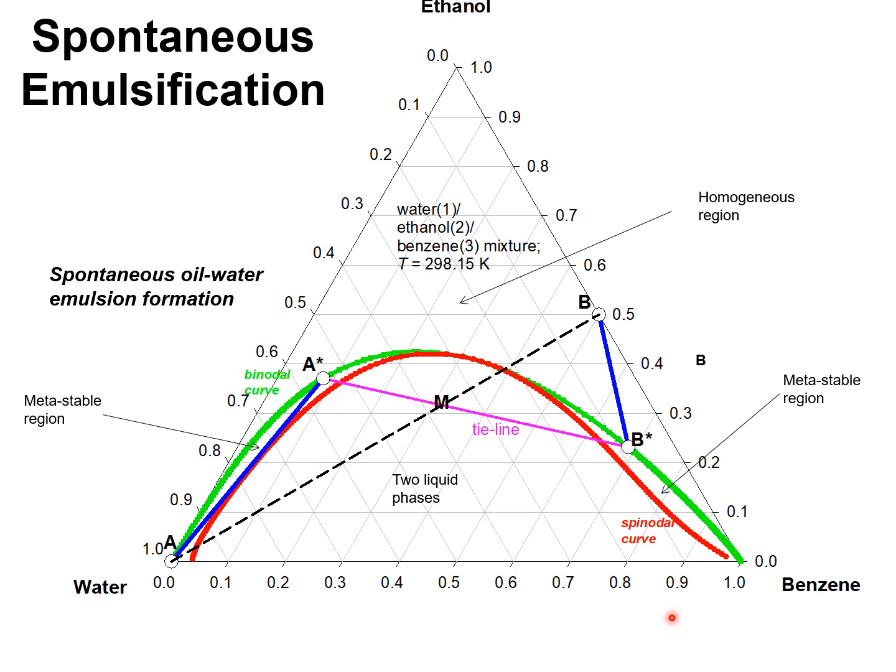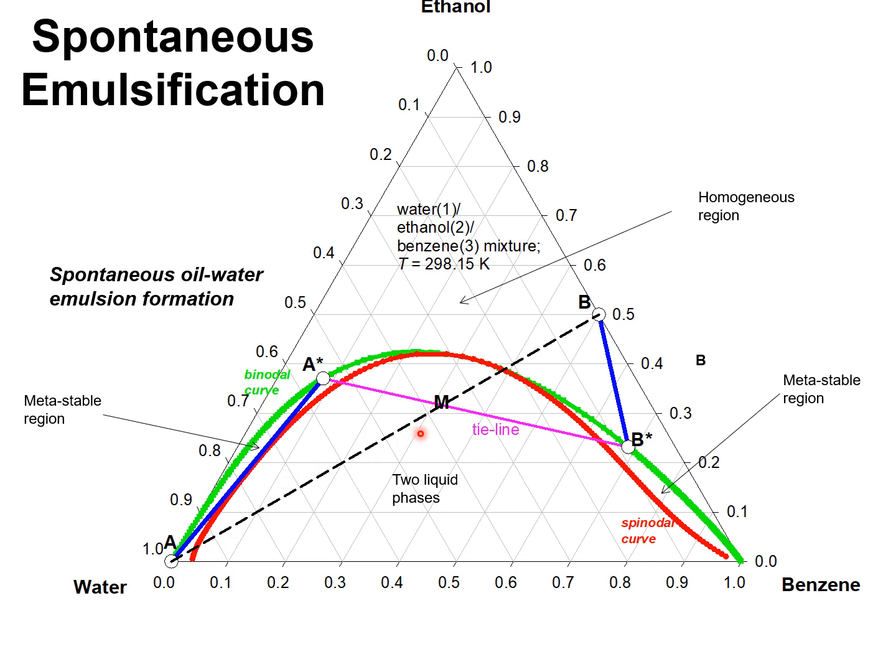How does spontaneous emulsification work? We take a homogeneous mixture of ethanol and benzene, say a 50-50 composition, denoted by the point here B, and bring that into contact with pure water.